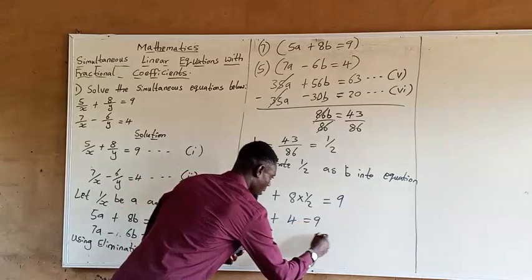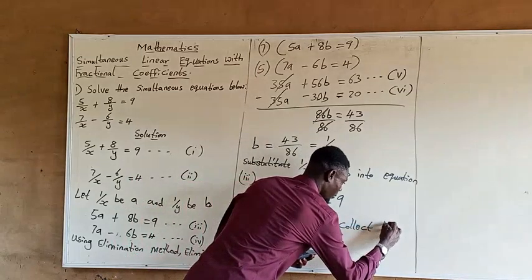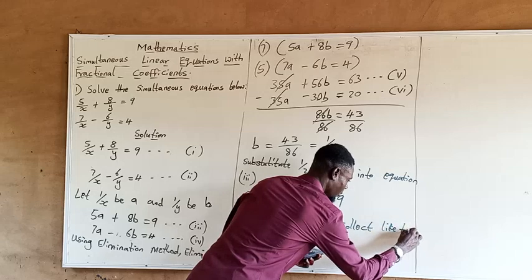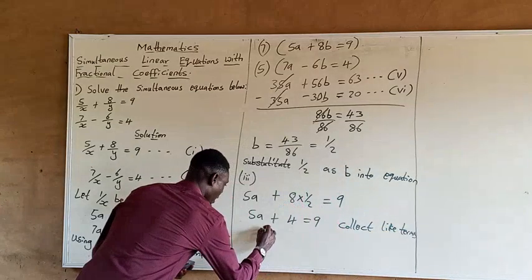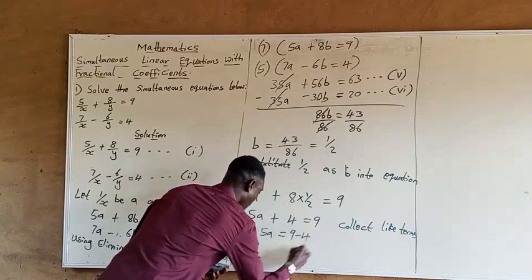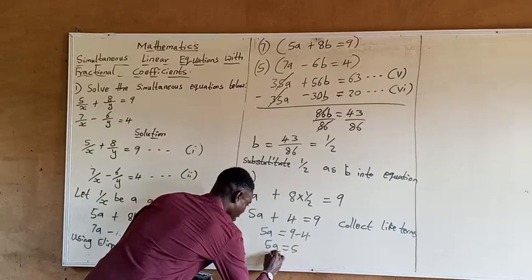Collect like terms. We have 5a is equals to 9 minus 4, which will give us 5a is equals to 5. Divide both sides by 5.